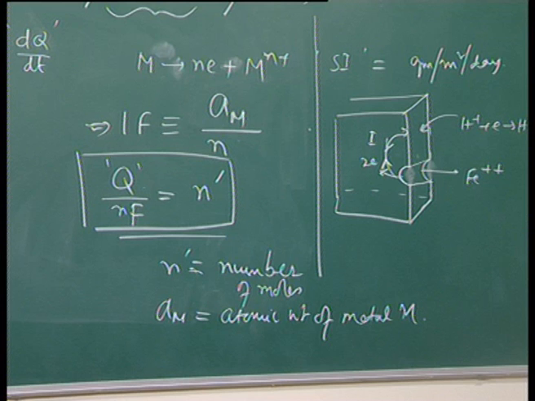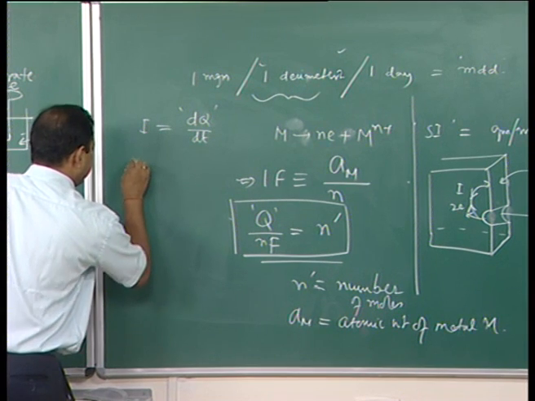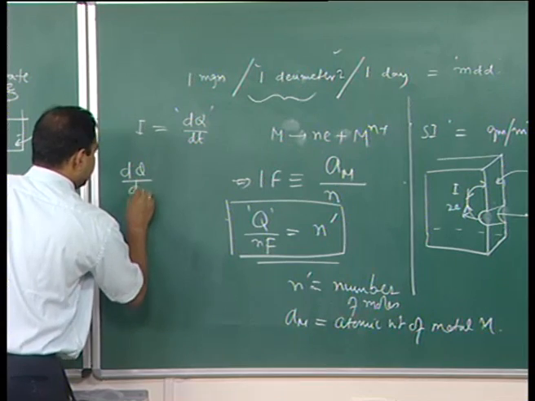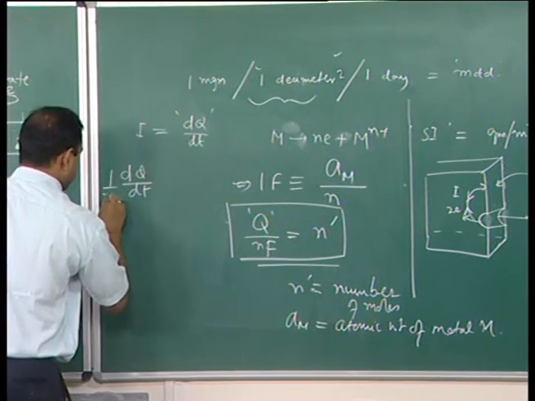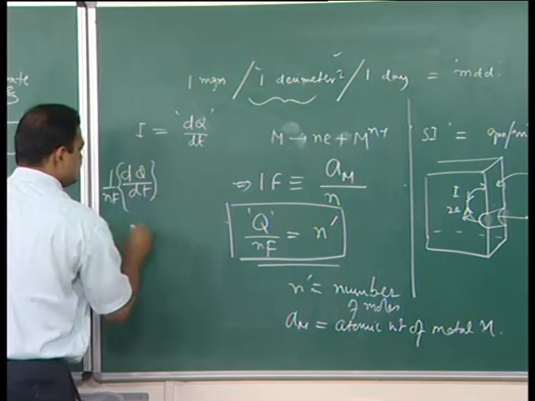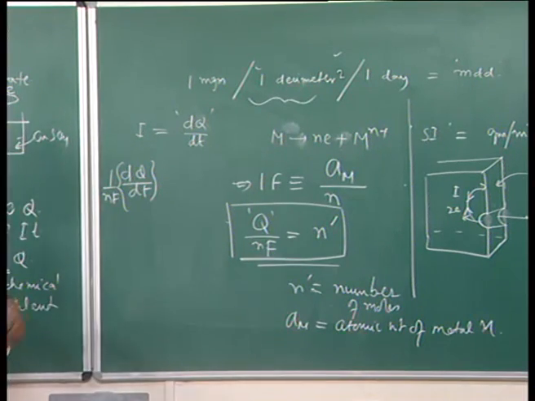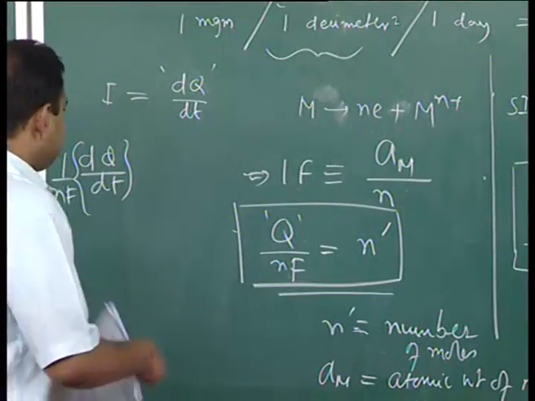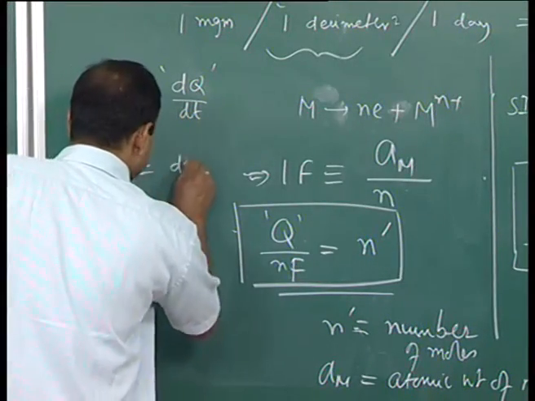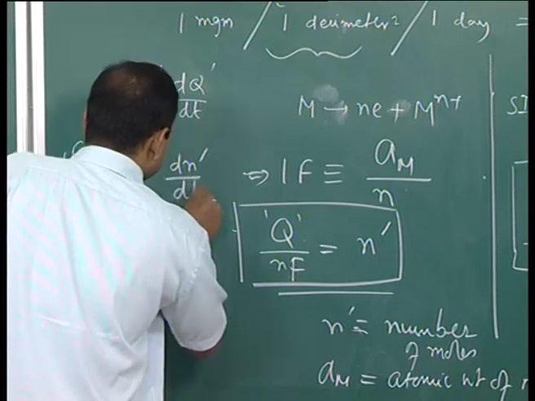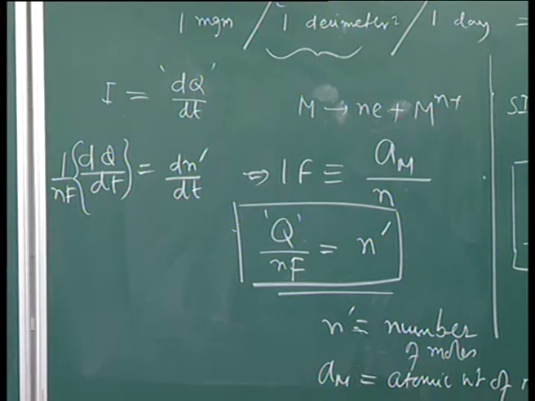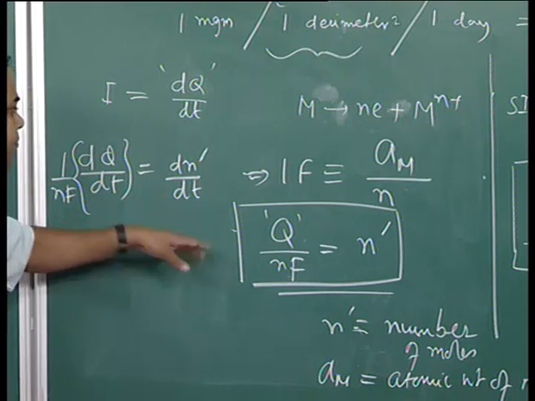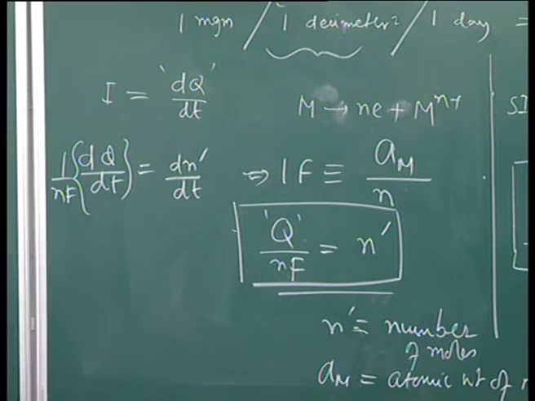Now, this relation I can take as dq by dt, with Nf taken out, since N and F both are constant for this particular reaction; F is always constant. So this would be equal to dN dash by dt, the rate at which the number of moles of metal M is dissolving in the solution.